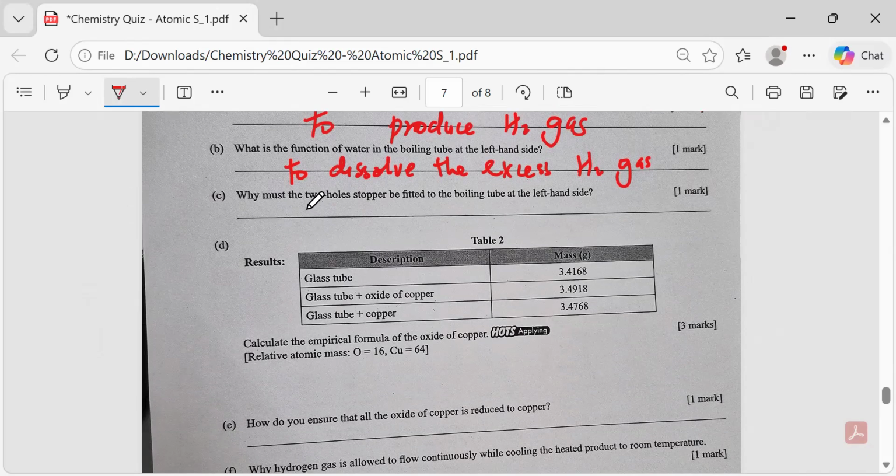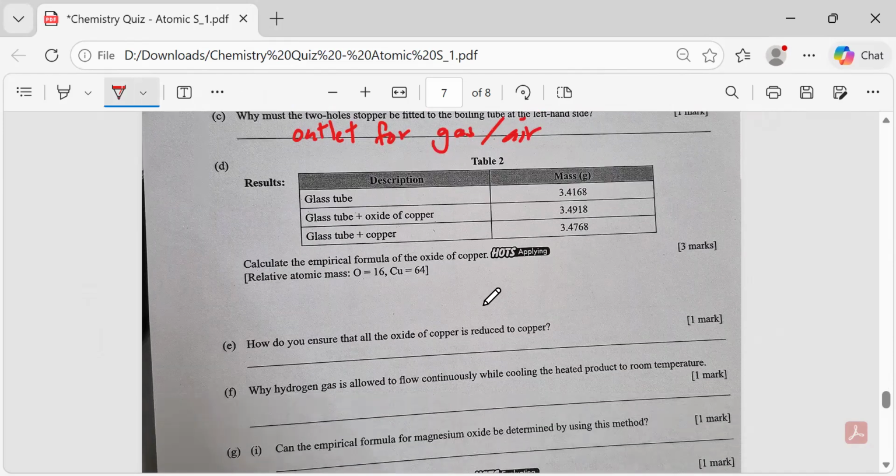Okay? All right. Outlet for gas. Outlet for gas. Okay. Or outlets for air to balance the air pressure.